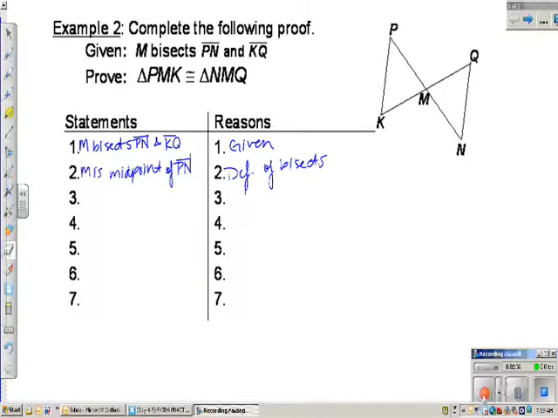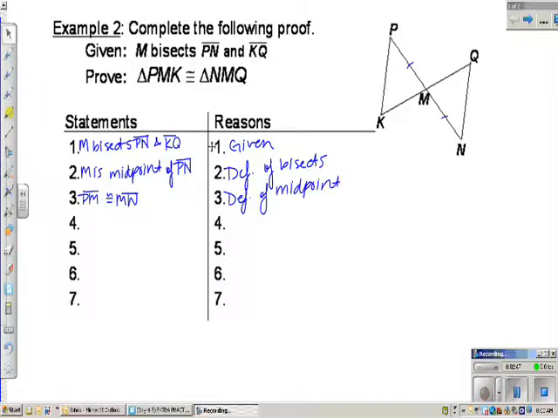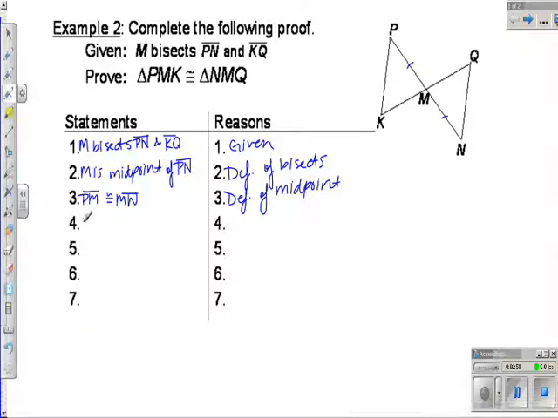So if M is the midpoint of PN by the definition of bisects, then we know that PM is congruent to MN by definition of midpoint. From here, we also can see if M bisects KQ, then M is the midpoint of KQ by definition of bisects, and KM is congruent to MQ by definition of midpoint.